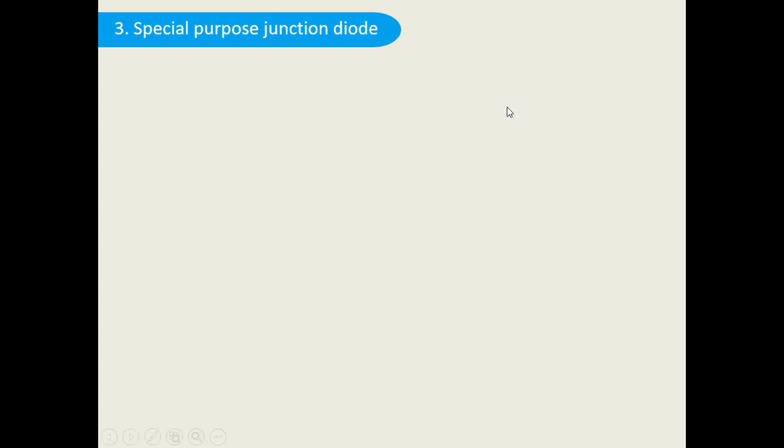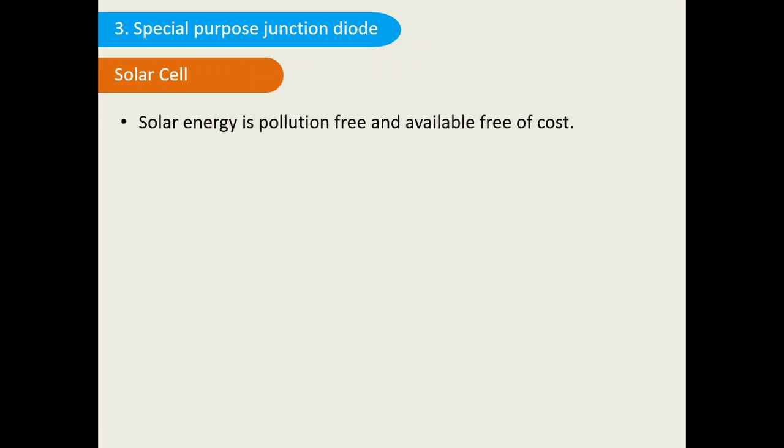So the next topic here is the solar cell. The solar cell is pollution free and available free of cost. Free of cost indicates it is cheap. Almost all semiconductor devices are very cheap. The IC which is used as a temperature sensor in your refrigerator comes under 15 rupees.